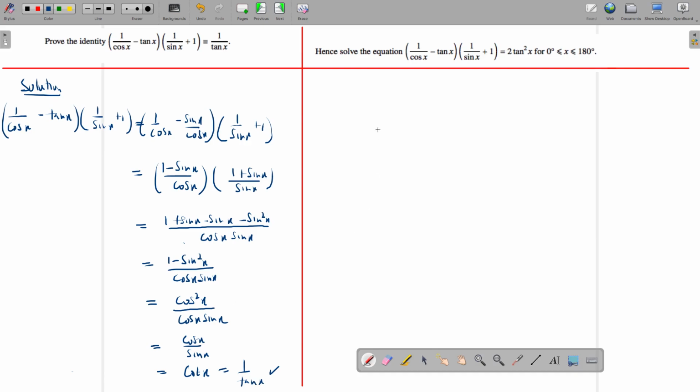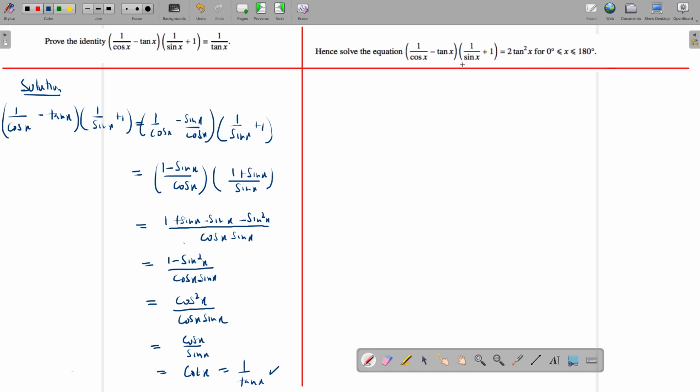Now we want to use this to solve this equation for values of x between 0 and 180 degrees. Remember that we are dividing by sin x, so there are some values that we cannot include here. Especially, we are going to exclude when x is equal to 0 and x is equal to 180 degrees. Why?